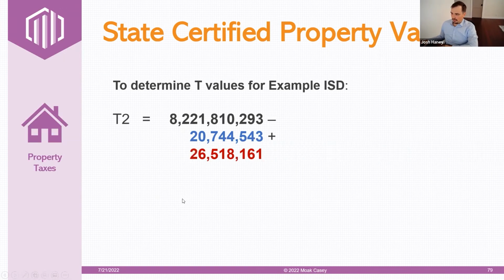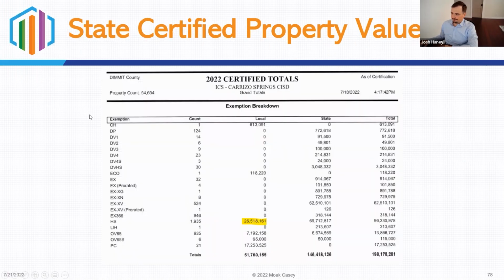We touched on that a little bit earlier in the local property value survey section. Again, you want to go to grand totals, exemption breakdown page, look for the homestead row and the local column. This is the number that reflects the loss from your local optional homestead exemption.